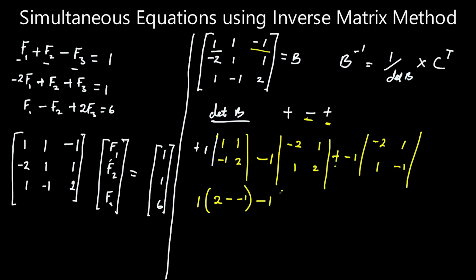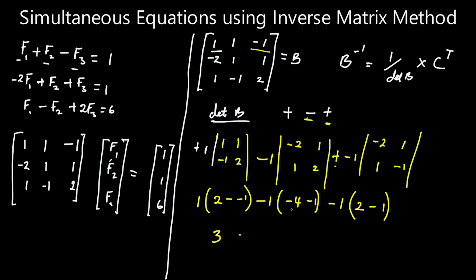Then minus 1 into minus 2 times 2, which is minus 4, minus 1. Then plus times minus is minus, so minus 1 into 2 times minus 1 is 2, 1 times 1 is 1, so we have 2 minus 1. This will give us 2 times 2 minus 1 is 3. 3 times 1 is 3, so we have 3.